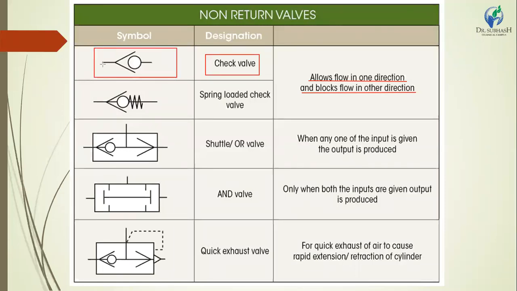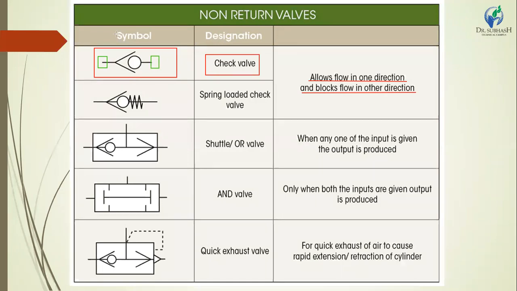In the symbol, one point is an input and the other point is an output. We consider this point as input and this point as output.